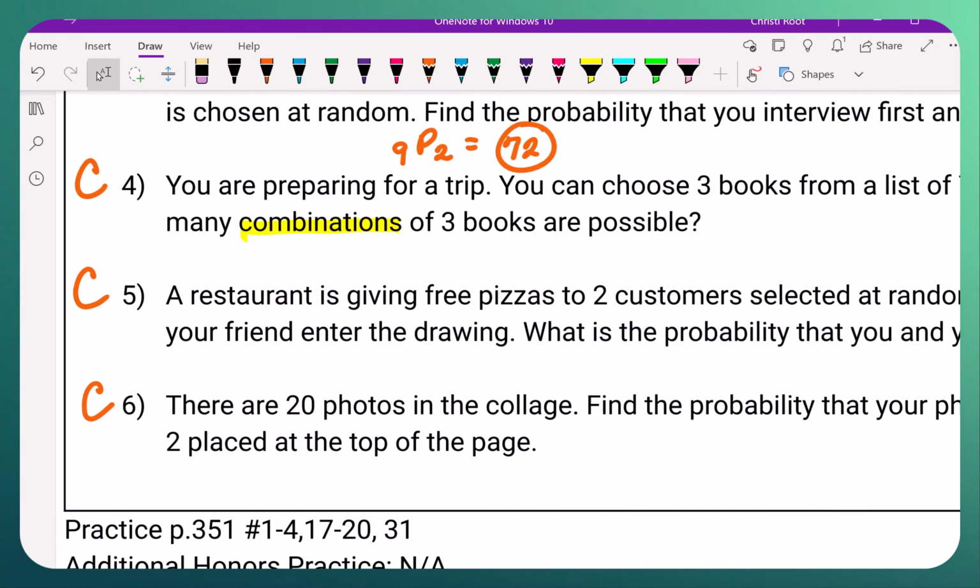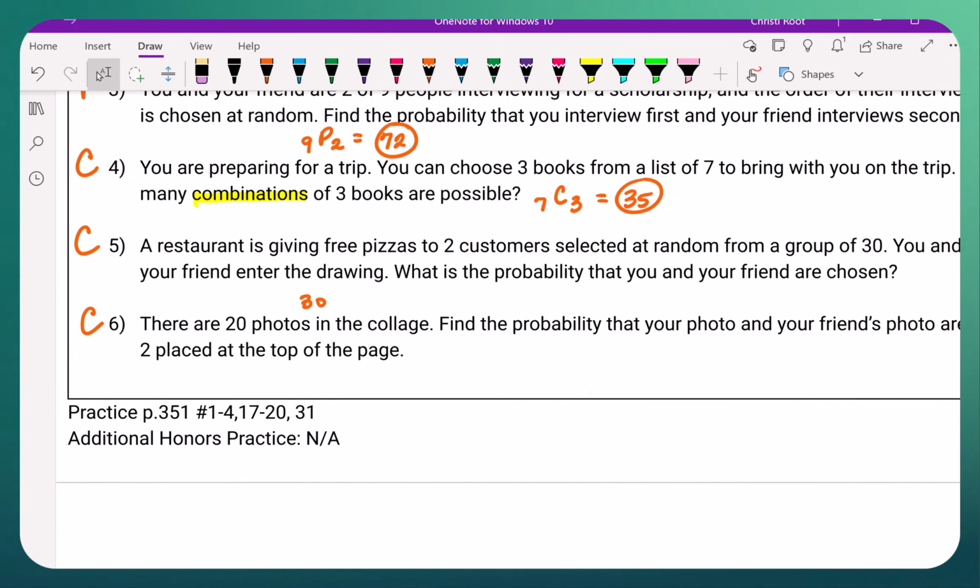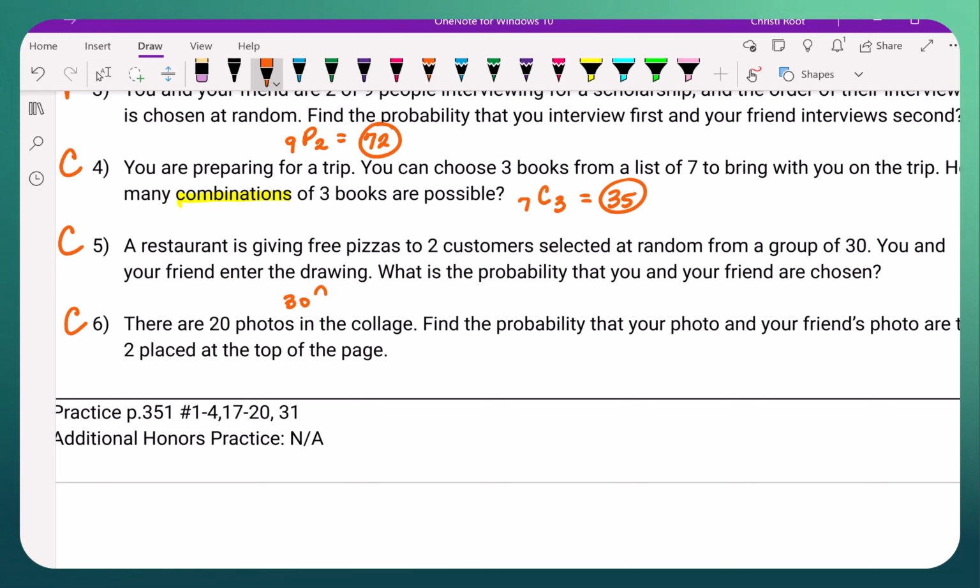Combination's going to be 7, but I'm going to choose 3 of those books. And the order doesn't matter, so that'll be 35. Okay, 2 lucky people get free pizzas, and it's out of 30 people. So it's out of a group of 30, and then we're going to choose 2 of those 30.